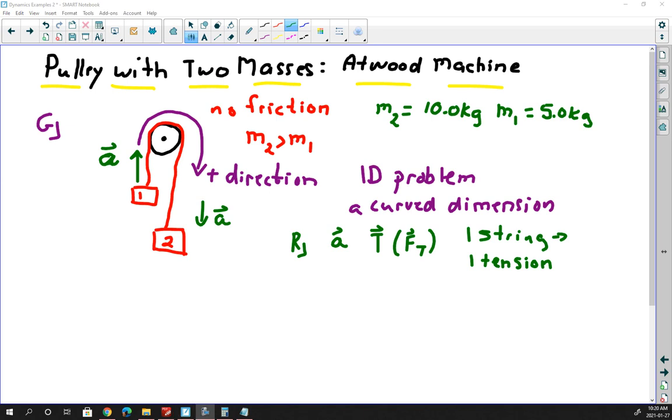Okay, so the next thing we're going to do here is draw a free body diagram for each object. So we have force of gravity on the first object, and tension.